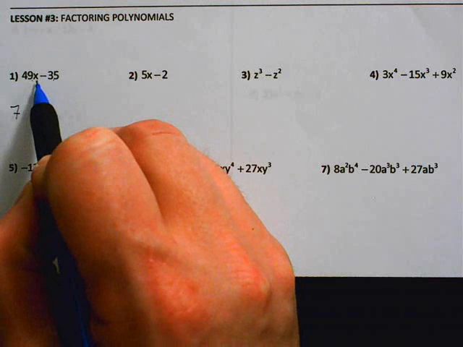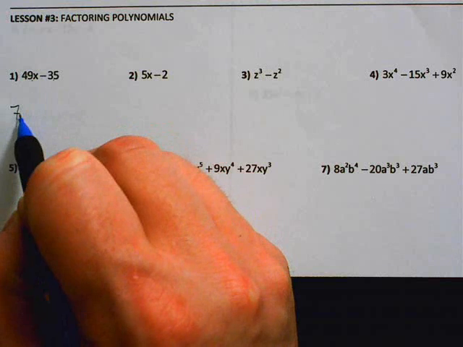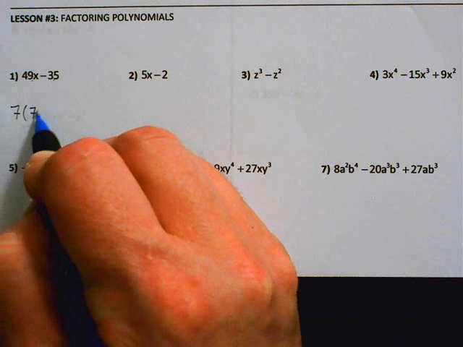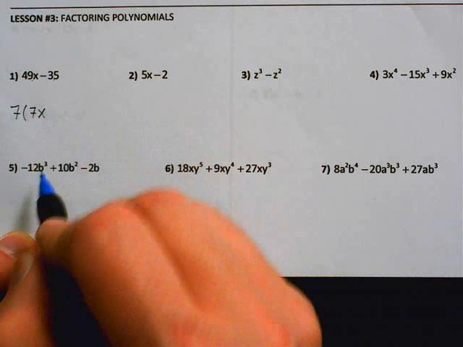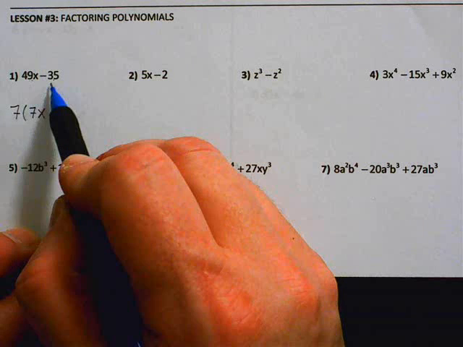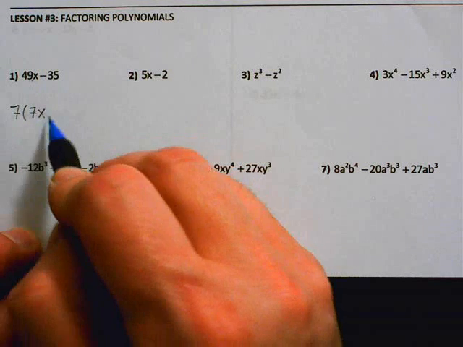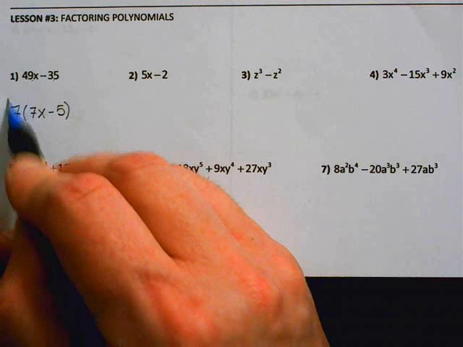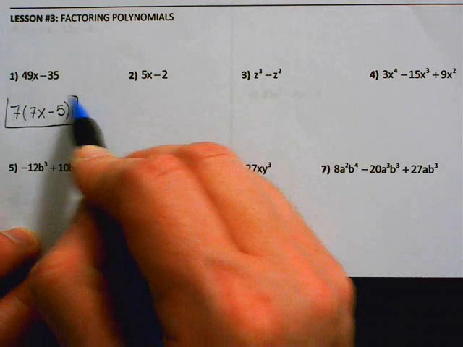So 49x divided by 7 will give you 7x. And then negative 35 divided by 7 gives you negative 5. So that's your answer there.